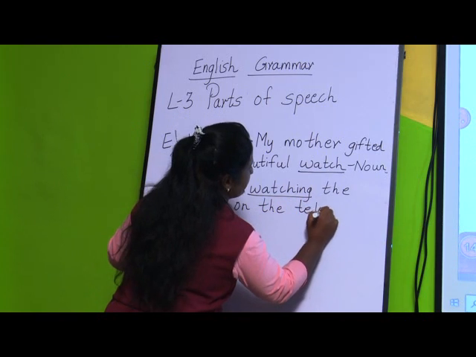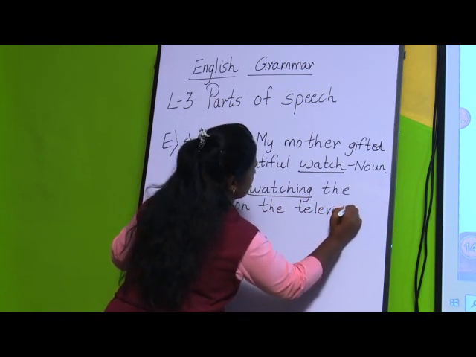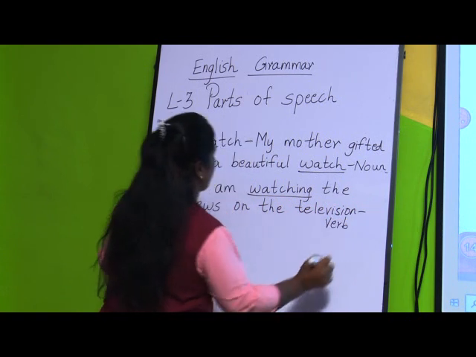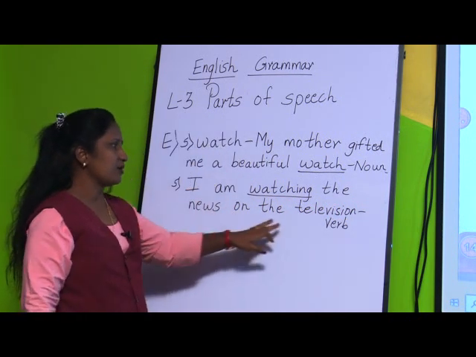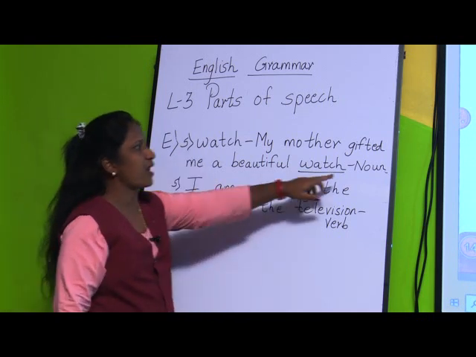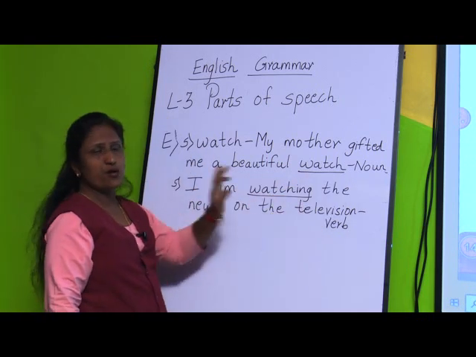So here I am doing some action. What is an action? Yes, I am doing an action of watching. So I am watching the news on the television. This means I have used this word in the form of a noun and also in the form of a verb.